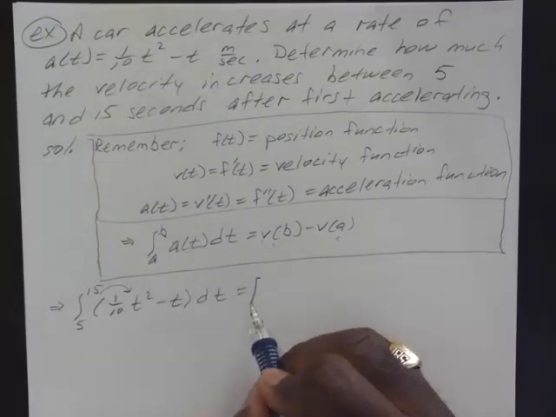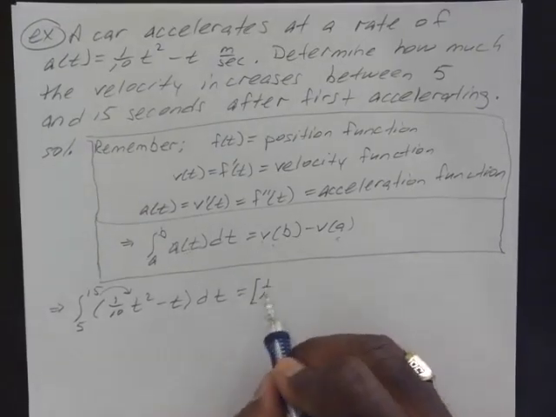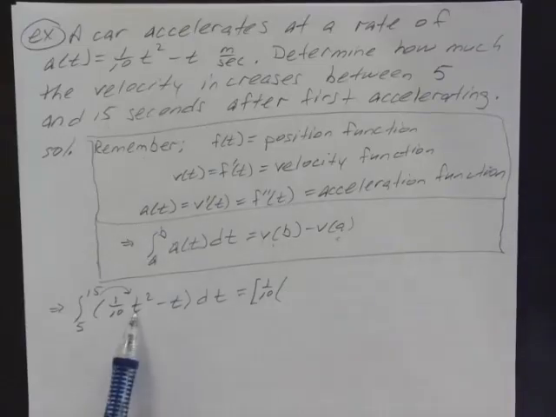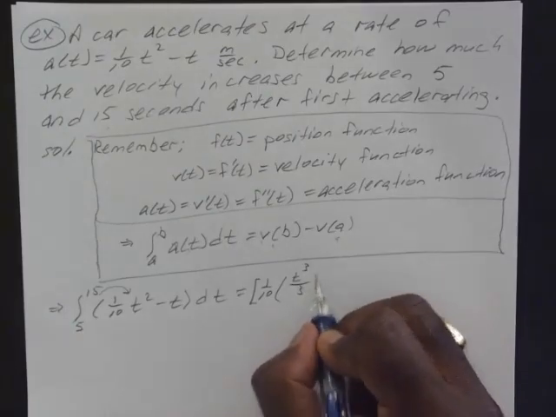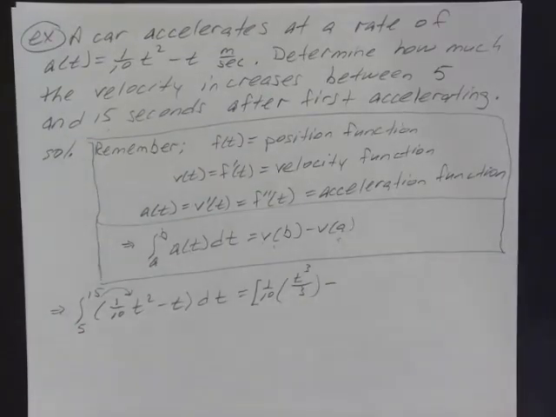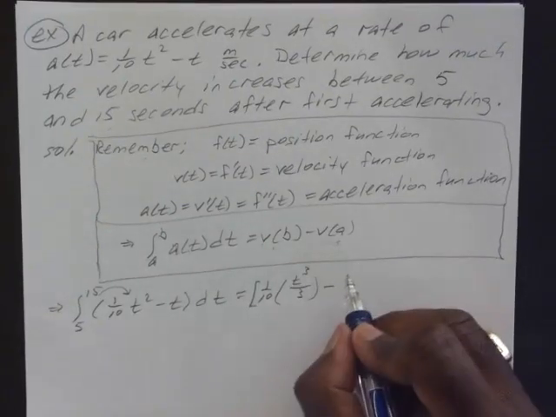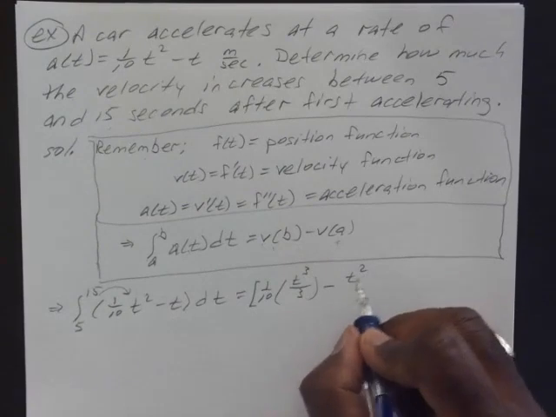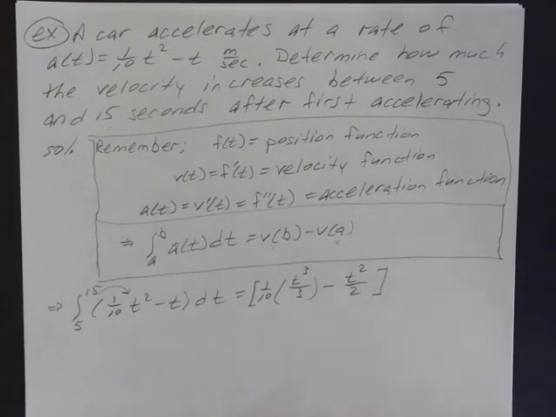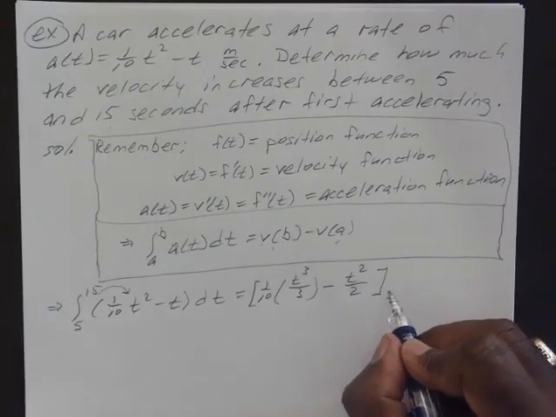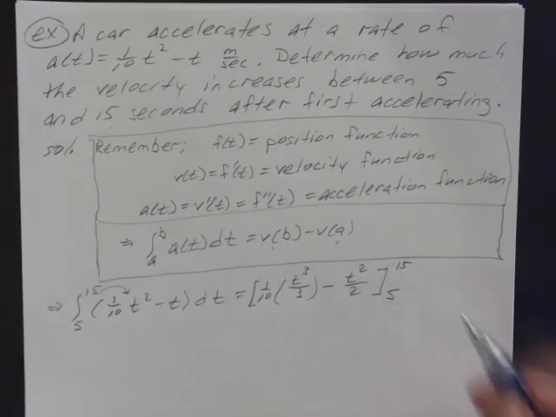So that gives us 1 over 10 times the integral of t squared, t to the third power over 3, minus the integral of t to the first power is t to the power of 1 plus 1 divided by 1 plus 1. And that's from t equals 5 to 15 seconds.